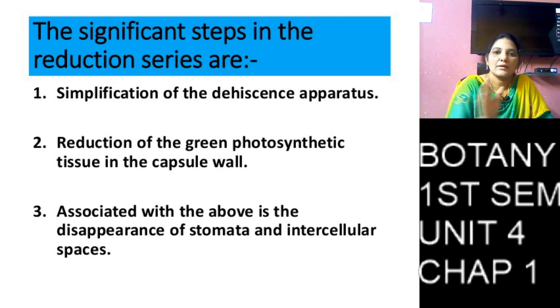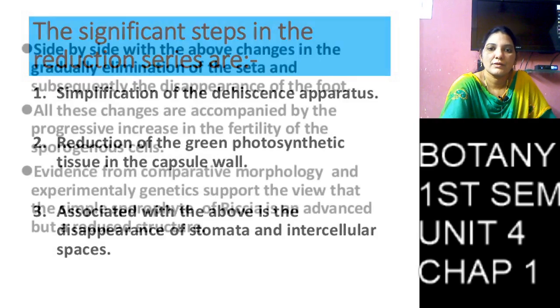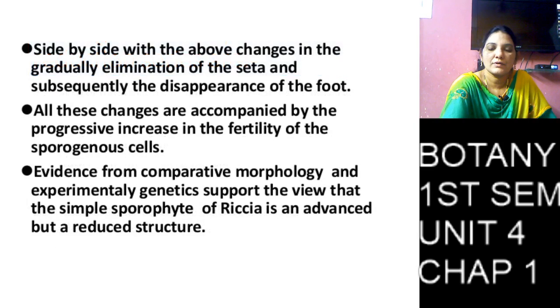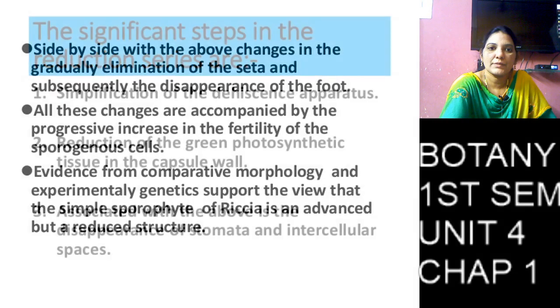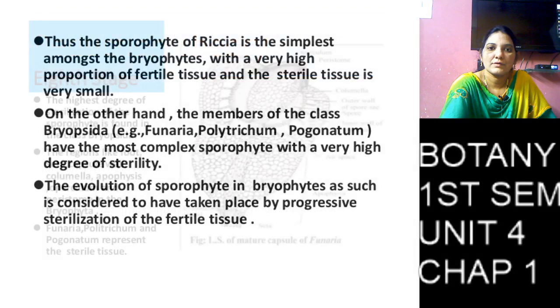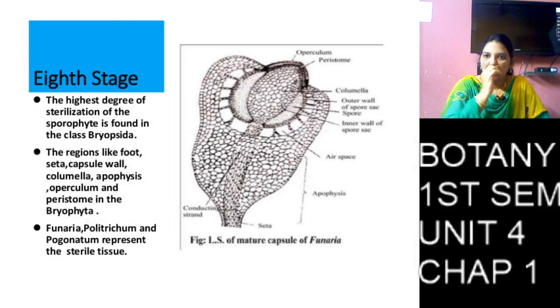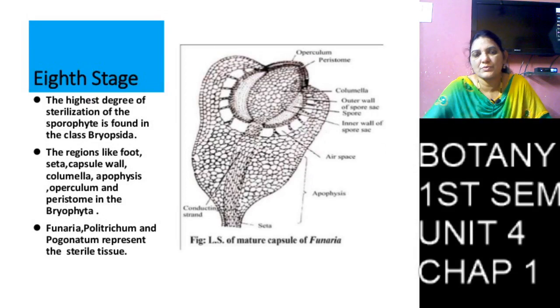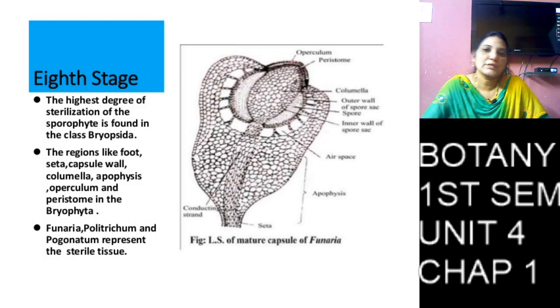So here, total parts, we can see one by one. Coming to complex to simple, first the capsule here, the Funaria sporophyte and Polytrichum sporophyte.